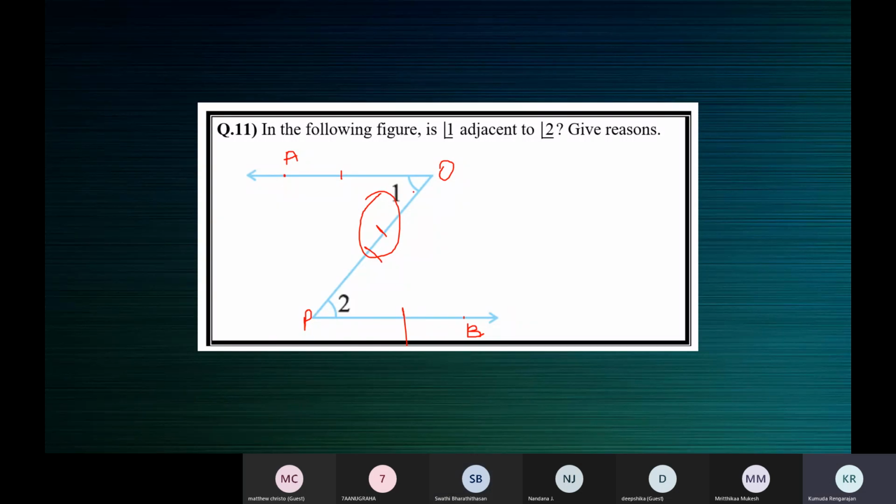They do lie on opposite sides. But the thing is, they don't have a common vertex. The two angles don't have a common vertex, and hence they are not adjacent angles.